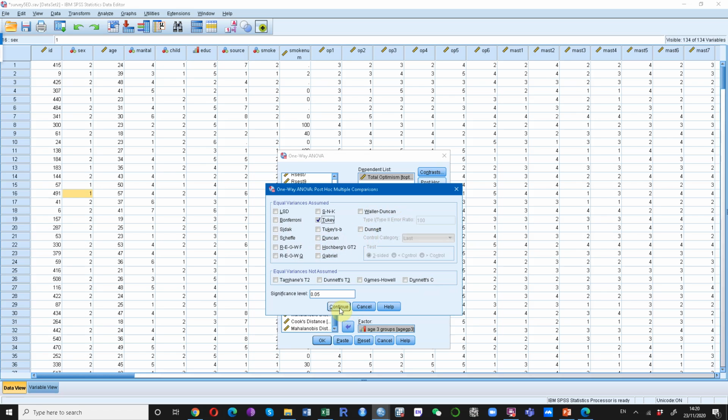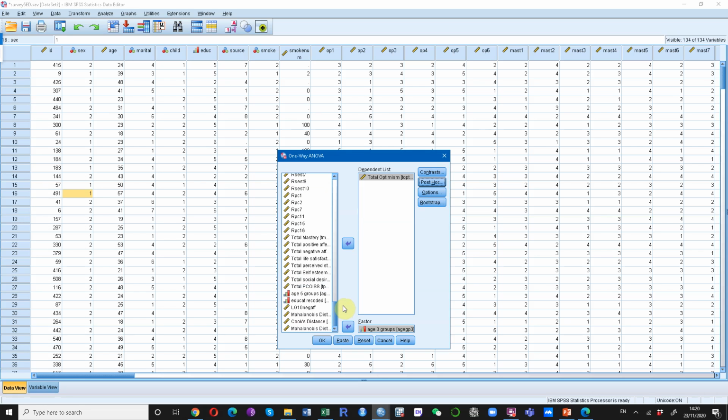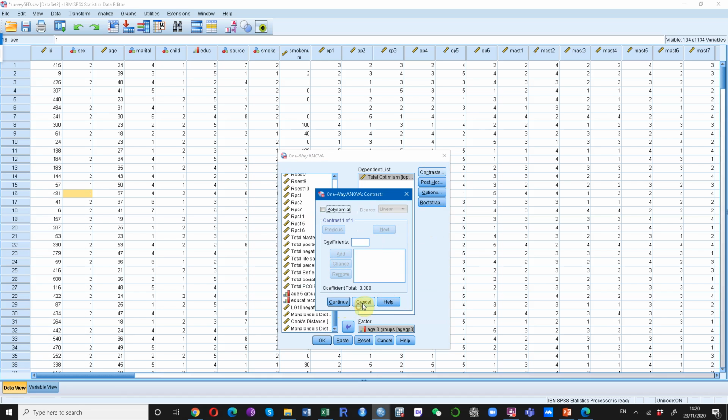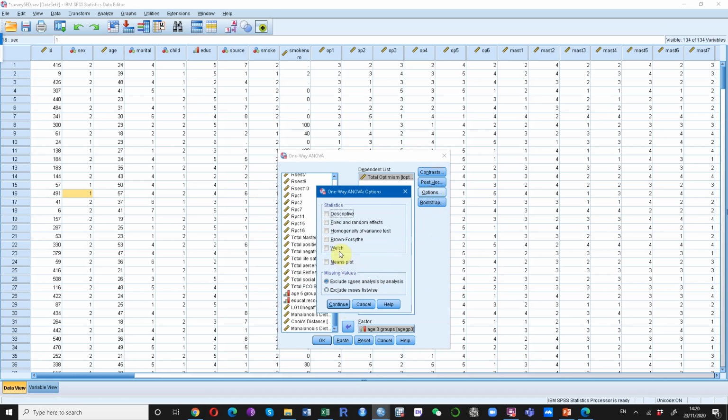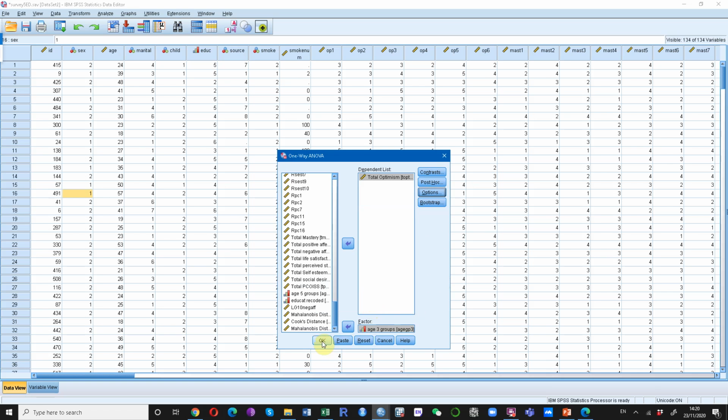In the majority of cases you just need to use Tukey. The default significance level is 0.05, which is 5%. Click Continue, and I don't need to change anything else. Of course, you could click on these things and check them out, to see what options you want to test for other things, but for now, I just click OK.